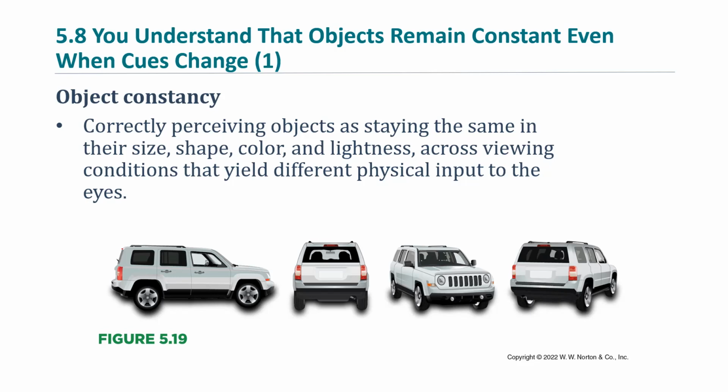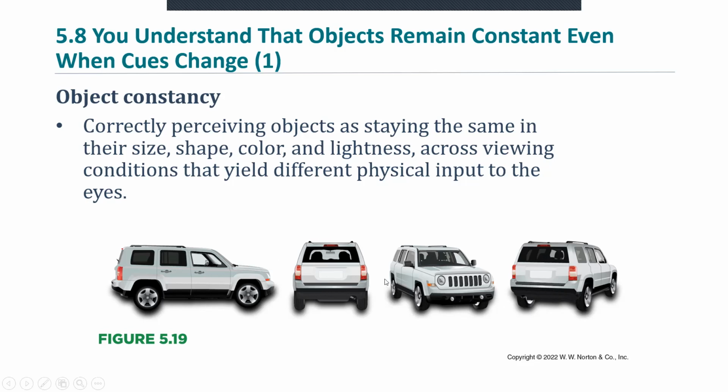And so your brain compensates for these things. This car here looks brighter in the second picture compared to the first picture, but we know it's the same color. The shape constantly seems to be changing depending on which angle we look at it, but we know it's always the same shape.